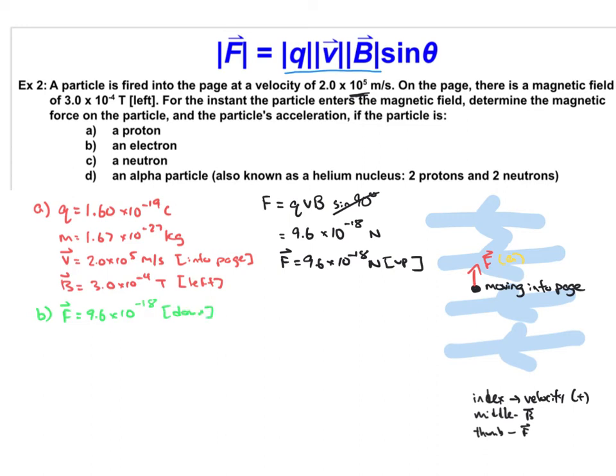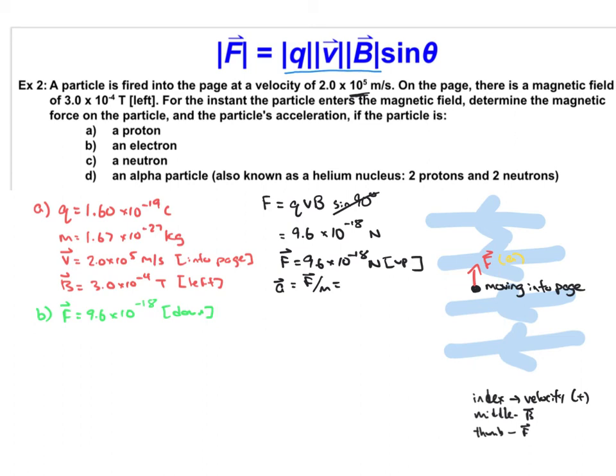Now, the accelerations will be different. Again, I'm not going to calculate it out, but the accelerations will be net force divided by the mass. So I take my force divided by the mass of the proton. Okay, I'll do it for the proton. So I'll take that number for the force divided by the 1.67.